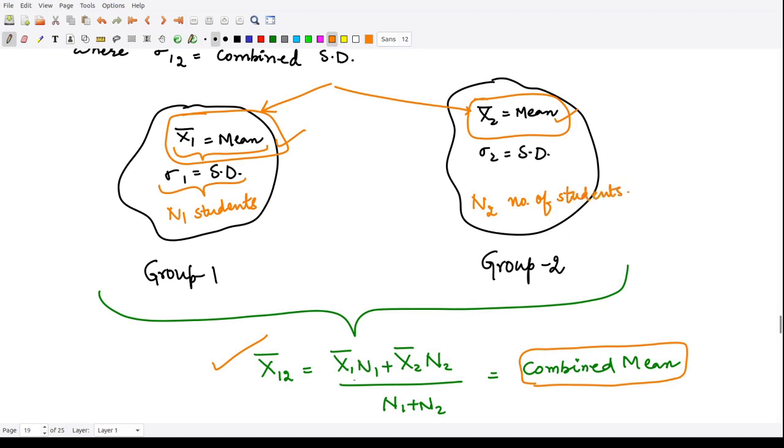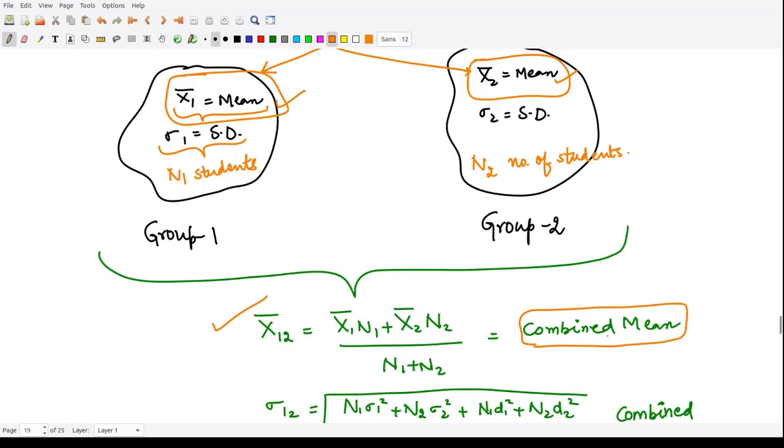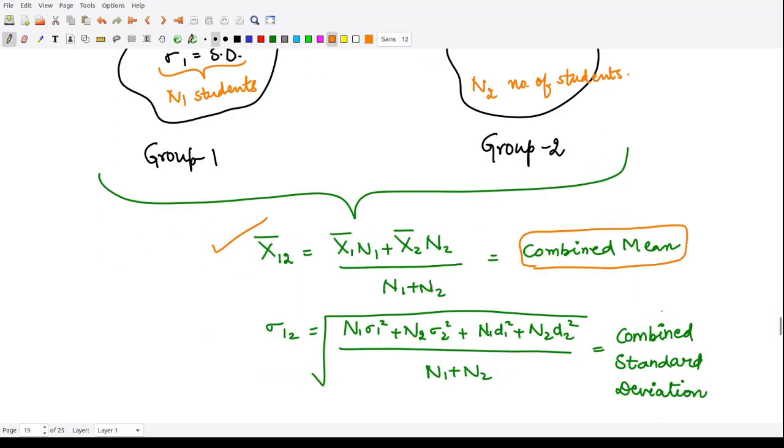Okay. So this is the formula for combined mean, and similarly we can also calculate the combined standard deviation, which is denoted by sigma 1 2, and whose formula is the square root of n1, that is the number of students present in the first group, into sigma 1 square, the variance of the first group, plus n2, the number of students of the second group, into sigma 2 square, that is the variance of the second group, plus n1 into d1 square.